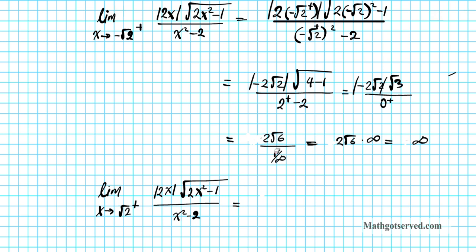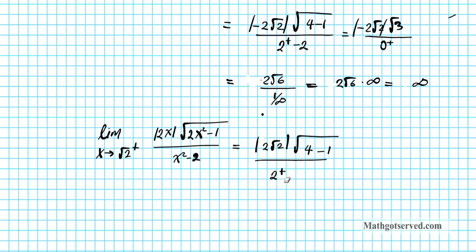So it's going to be the absolute value of 2 root 2 times the square root of, notice when you square negative root 2 or positive root 2 it's the same thing, so this is still 4 regardless of the sign, minus 1, over, in the denominator, 2 from the right minus 2.